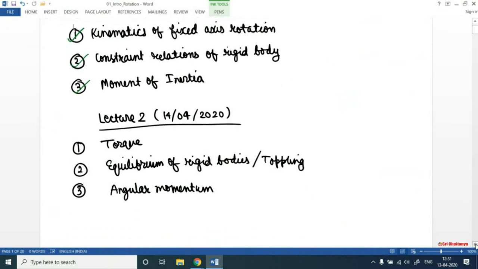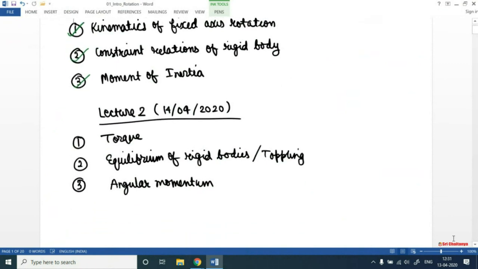Tomorrow's lecture, lecture number 2, we will discuss torque, and then equilibrium of rigid bodies, and with that we'll take a few problems of toppling as well. We will also discuss the concepts of angular momentum.